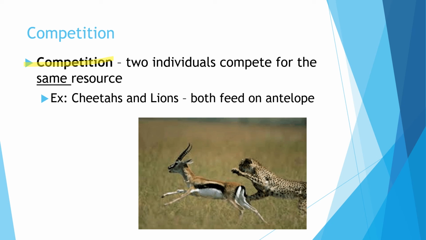So these two organisms, cheetahs and lions, would have to compete for the same type of food or the same resource, in this case being the antelope. Different organisms in ecosystems have to compete for food all the time, especially if they have the same food source or the same prey that they're going after.